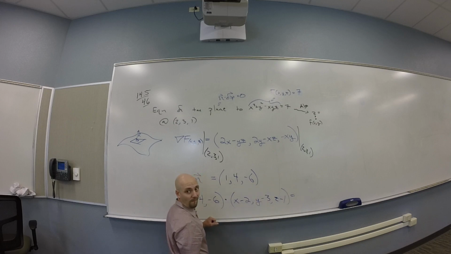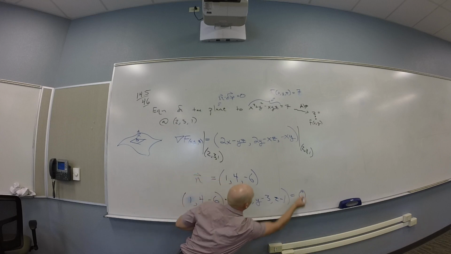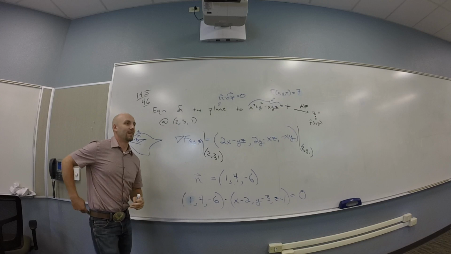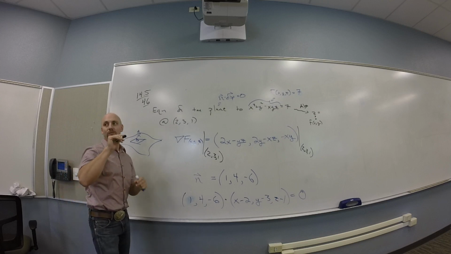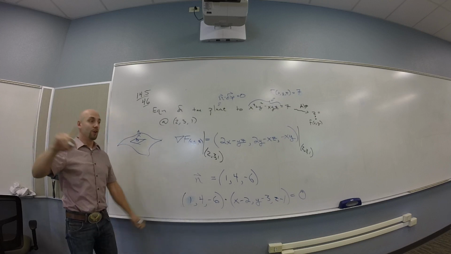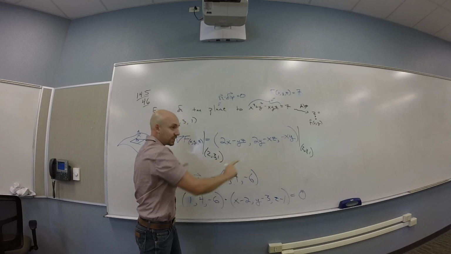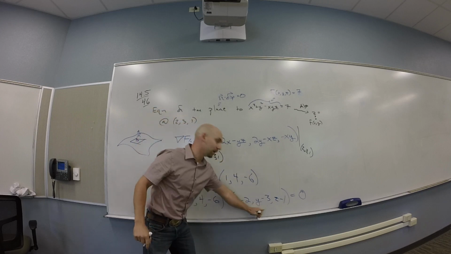0. Why 0? Oh, right. You want them to be perpendicular. A dot product between two vectors being 0 is the same thing as saying this vector is perpendicular to that one.